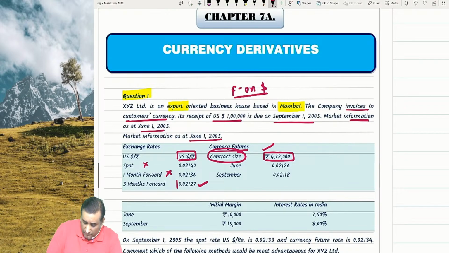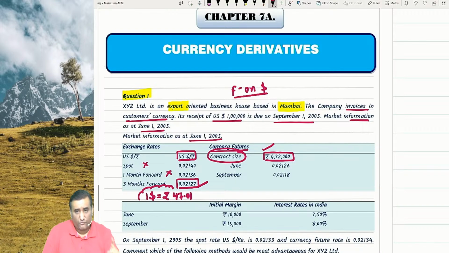Now this is given as 1 rupee dollar. Let me put down for my reference, $1 is how much? It comes to 47 point. It means the forward market is promising me, if you convert, I'll give you 47 to 1.